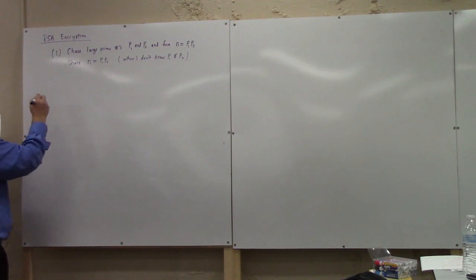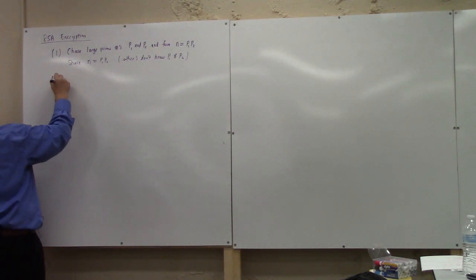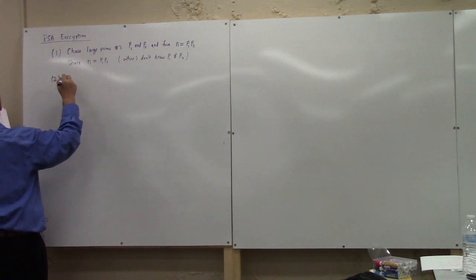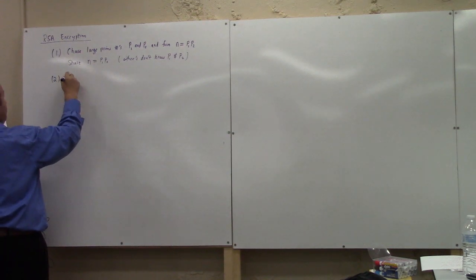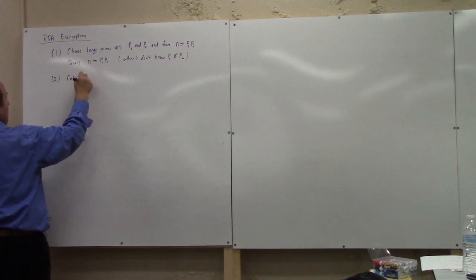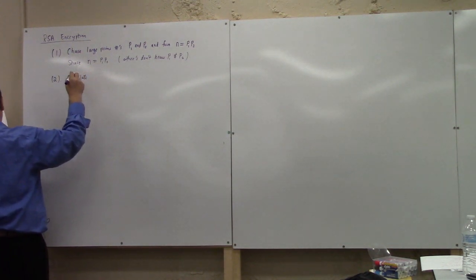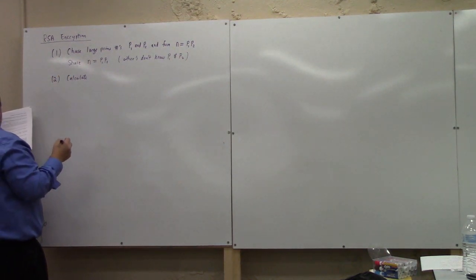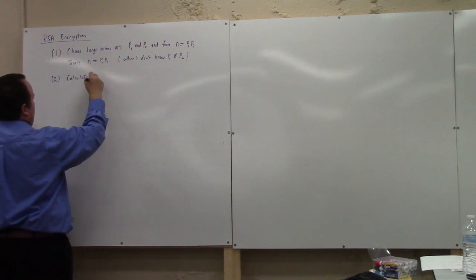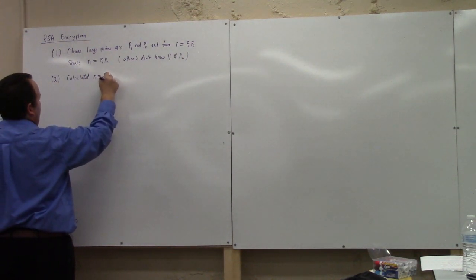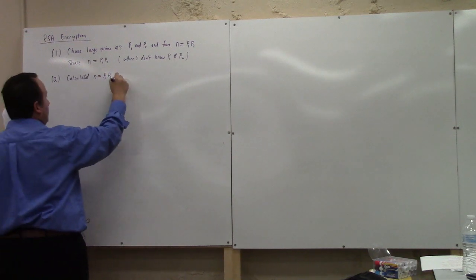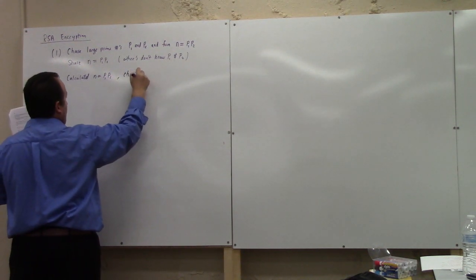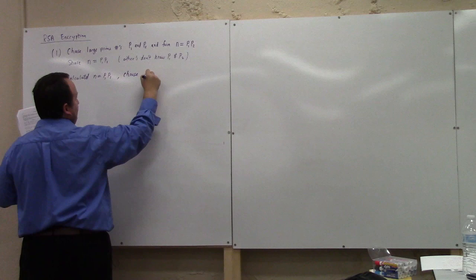Then step number 2, you calculate, I'm sorry, I can't follow my own algorithm. Anyway, so you've calculated n equal to P1, P2, right? Okay, great. And you choose what's called an encryption exponent.